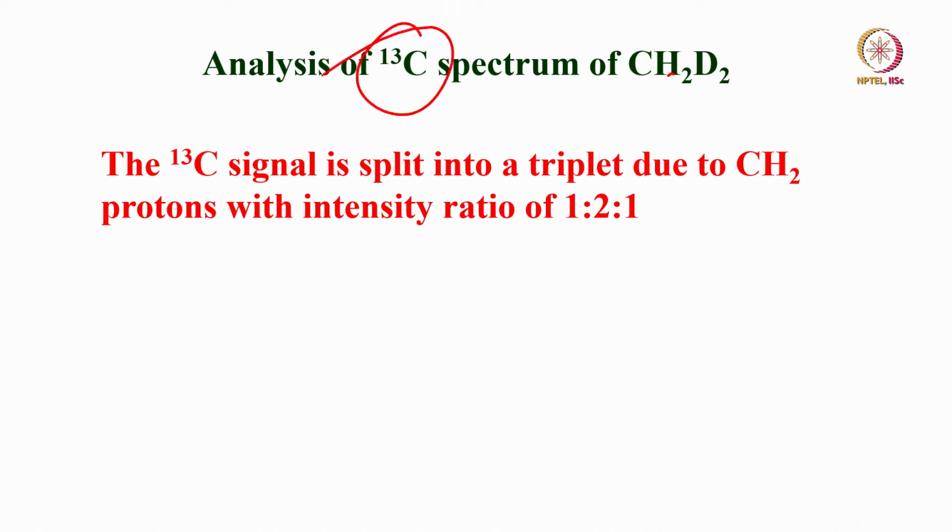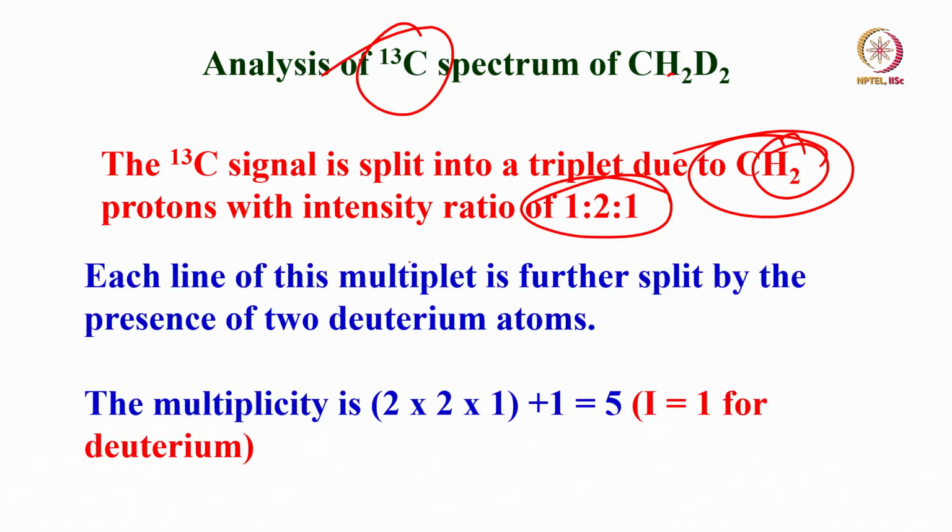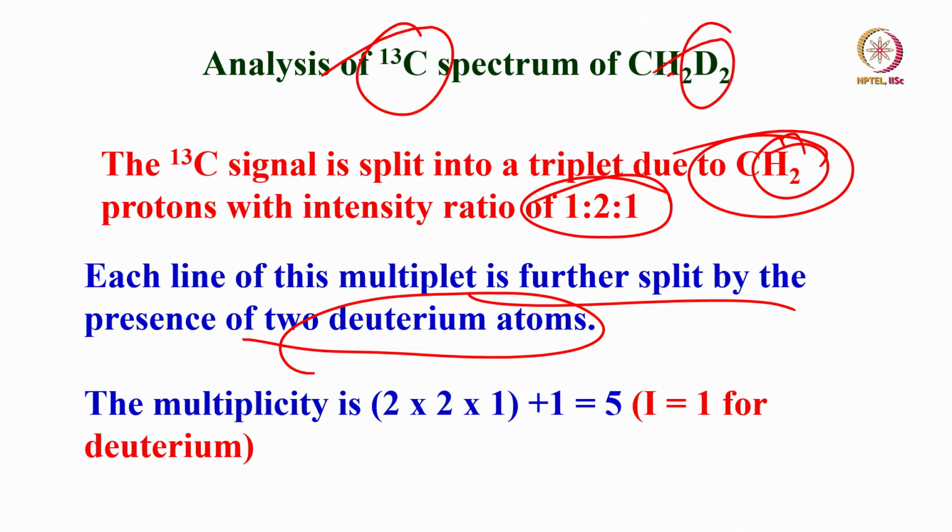Carbon-13 is split into a triplet because of CH2. What is the intensity pattern? Carbon is coupled to 2 chemically equivalent protons, so the intensity is 1:2:1. Now each line of this multiplet is split by the presence of 2 deuterium atoms, spin 1. Use the 2nI plus 1 rule again and you are going to get 5 lines.